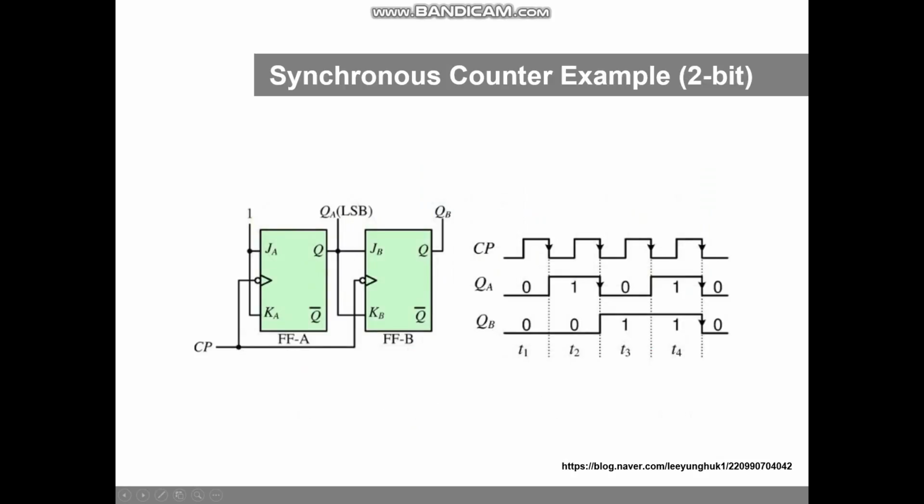And because it's a synchronous counter, the clock pulse goes to each flip-flop, and the timing diagram looks like this.